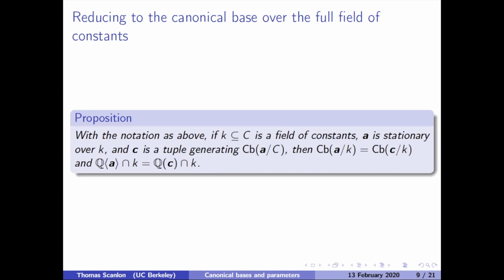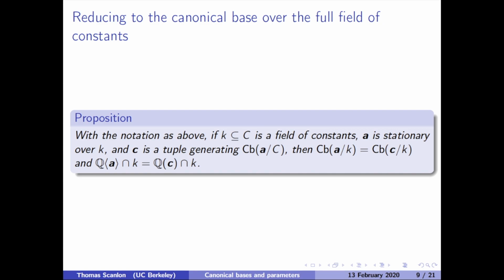Okay, so there's another technical proposition which I'm not going to go through the proof of, but I'll just point out. It tells you that if you're interested in computing the canonical base over some other field of constants, what you can do is the first step of computing the canonical base of your system over the full field of constants.